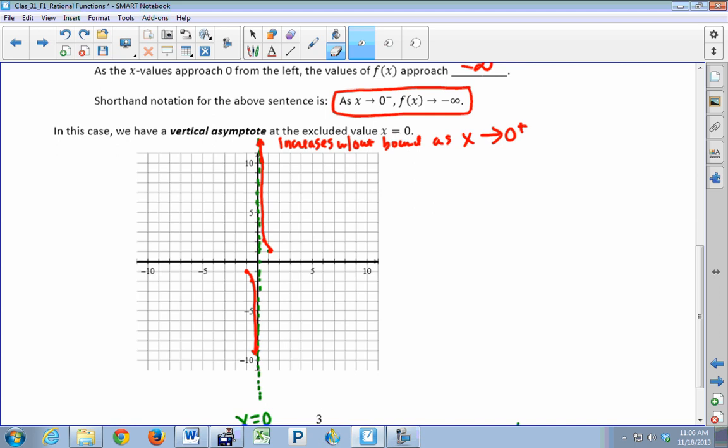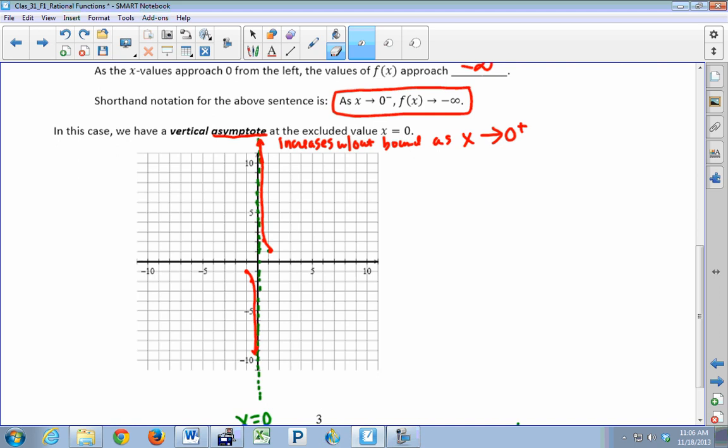So before we finish, this vertical line is what we call the vertical asymptote. Okay, it's a kind of funky word, asymptote. Okay, x equals 0 is the vertical asymptote. Now, a rational function can have one vertical asymptote, or could have no vertical asymptotes.